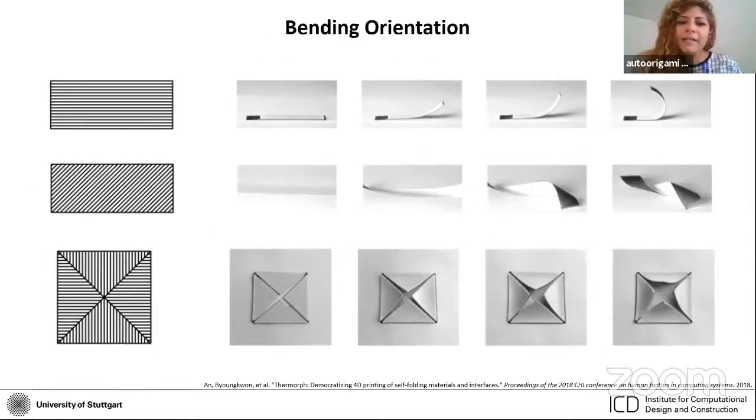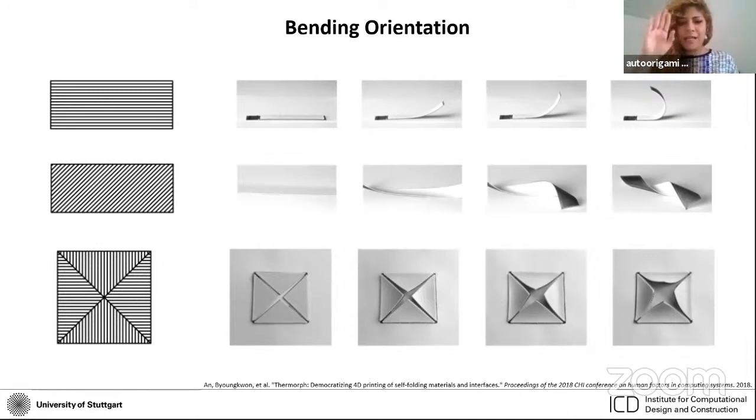For example, here, you see on top, if the fibers are oriented longitudinally in a long strip of a bilayer, the bilayer bends normally. But then if the fiber direction of the paper is oriented at 45 degrees relative to the boundaries of the bilayer that we are cutting out, our bilayer twists.